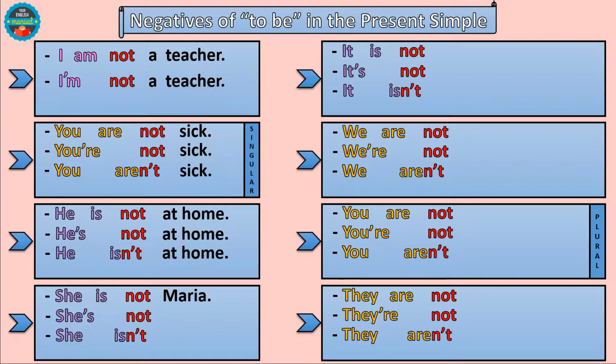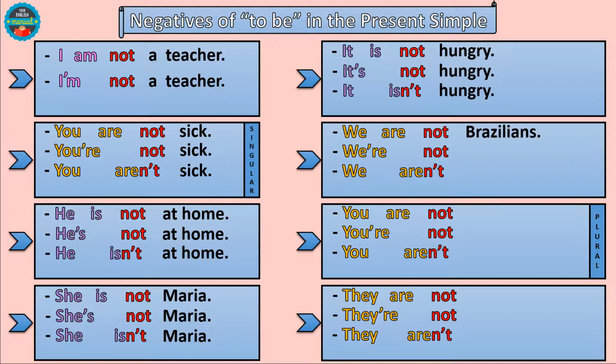She is not Maria, she's not Maria or she isn't Maria. It is not hungry, it's not hungry or it isn't hungry. We are not Brazilians, we're not Brazilians or we aren't Brazilians. You are not alone, you're not alone or you aren't alone.